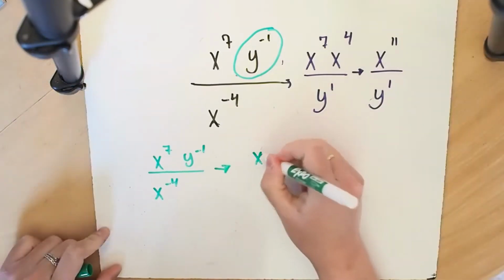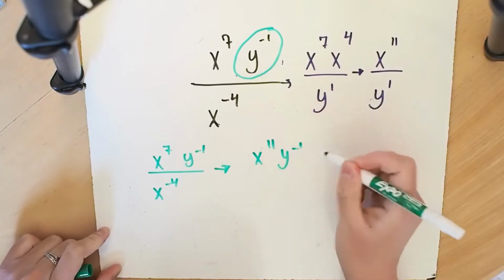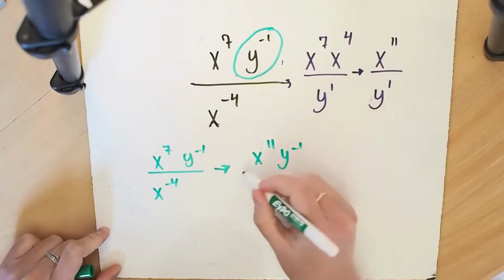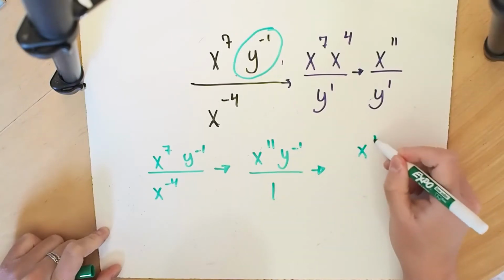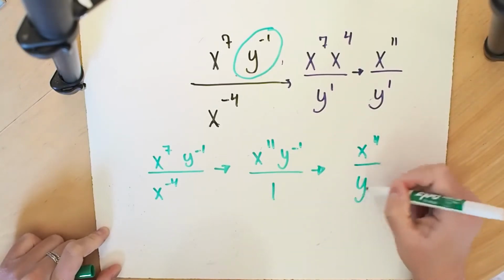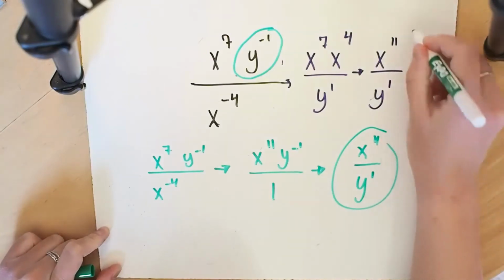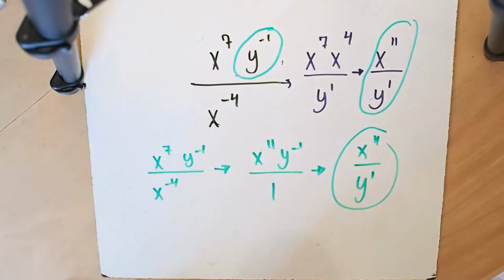When I do that, I'll get x to the 11th, y to the negative 1, and then I'll do the same thing. Flip this down over the secret denominator, and I'll also get x to the 11th, y to the positive 1. Both times, you'll get the same answer. It's really up to you to decide how you want to do it.